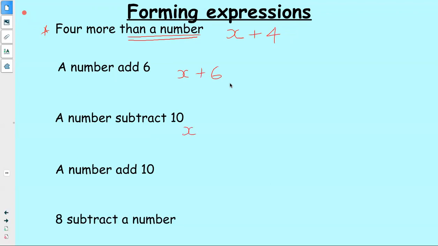So I'm going to use x again, and I'm going to subtract 10 from it. Next one, a number add 10, so it's going to be x add 10. And then 8 subtract a number. Just be careful with that when you're starting with 8 and you're subtracting a number. You don't know what that number is. I've been using x for these. It's going to be 8 subtract x. Okay, let's move on.